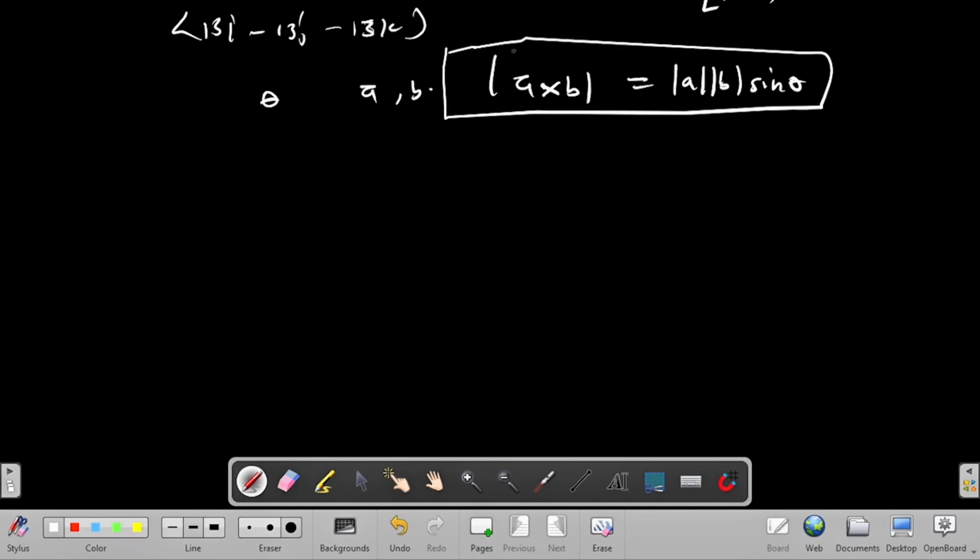There are a few things you've got to know here. The cross product of two vectors is said to be 0 only when the two vectors are parallel. Please take note. Because if this is 0, what does it mean? Sine 180, right? You punch in sine 180.